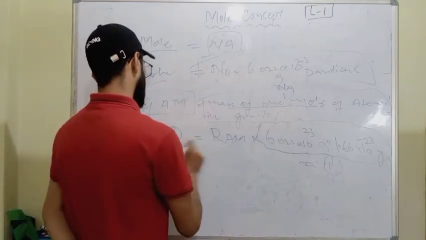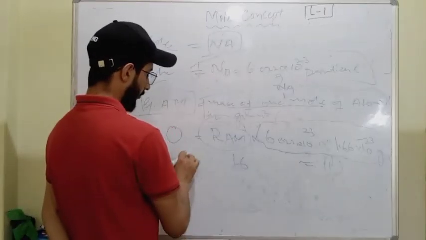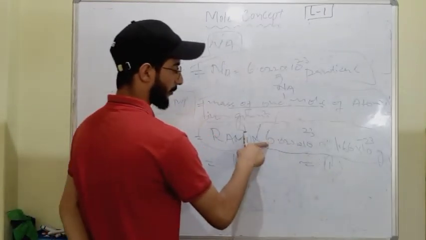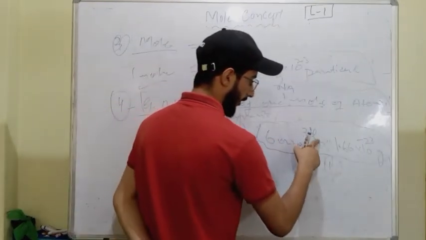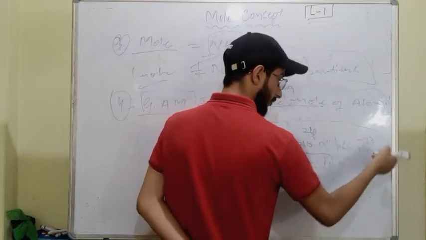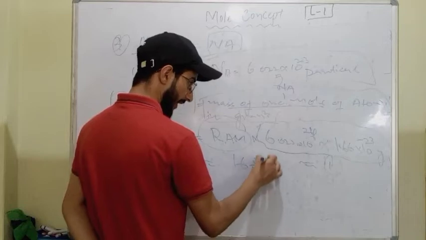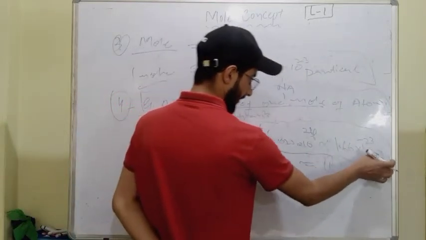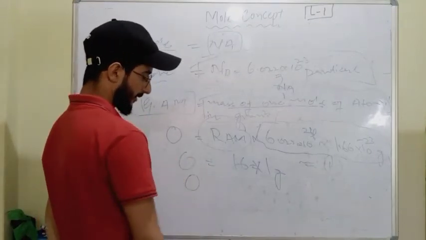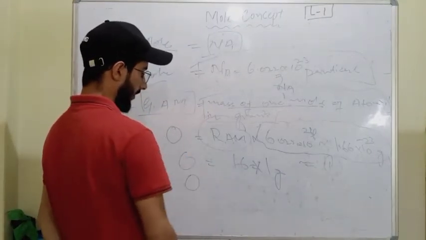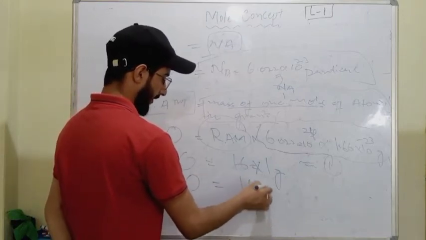The relative atomic mass of oxygen is 16, so I multiply 16 by 6.022 into 10 raised to the power 23 into 1.66 into 10 raised to the power minus 23 grams, and I get 1 gram. So the gram atomic mass of oxygen is 16 grams.